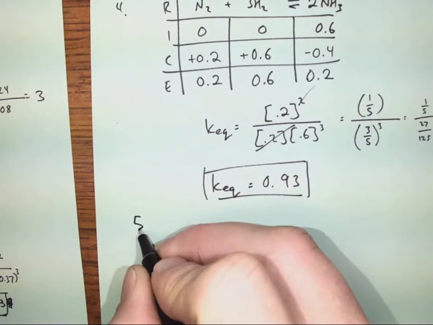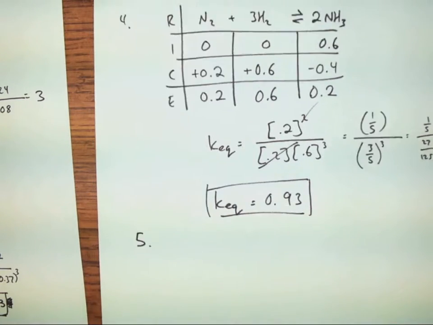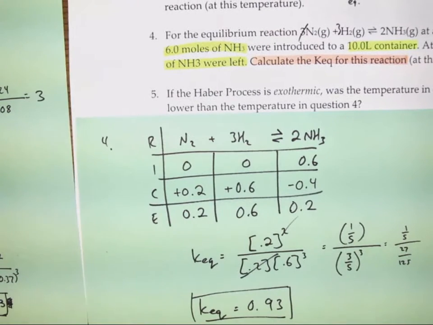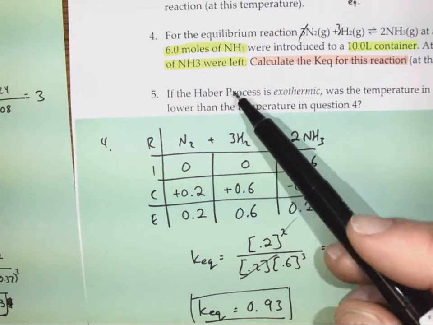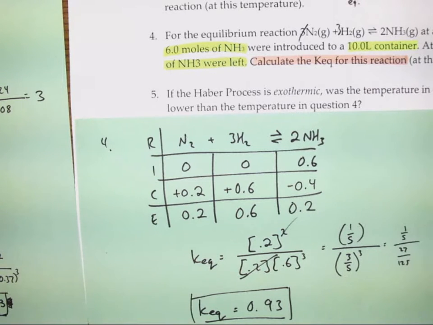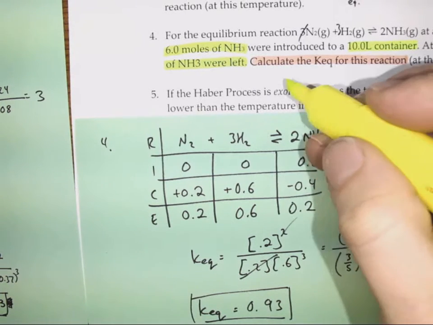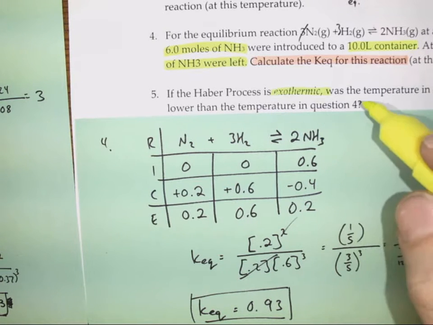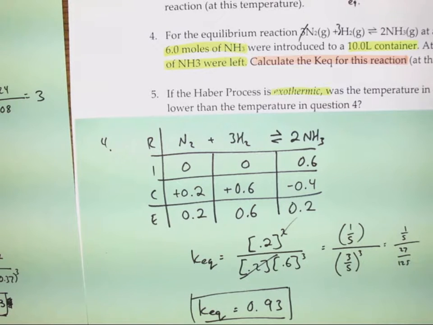Okay. So question 5 asks us to compare our answers in question 3 and question 4. The Haber process, which is the reaction in these two questions, is exothermic. And the question is, well, does that mean the temperature in question 3 is higher or lower than the temperature in question 4? Okay. Well, let's just take a look here.